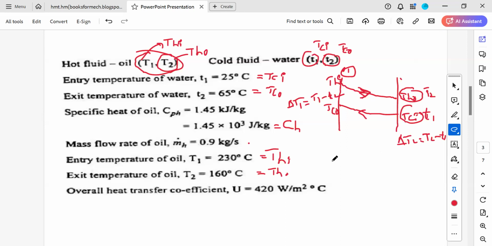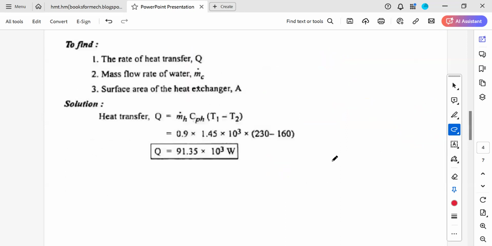Our aim is to find the heat transfer rate Q, then MC, the mass flow rate of water, and the surface area of the heat exchanger. Q is equal to m Cp delta T, where m is the mass flow rate of the hot fluid, Cp is the specific heat, and the temperature difference is THI minus TH naught.